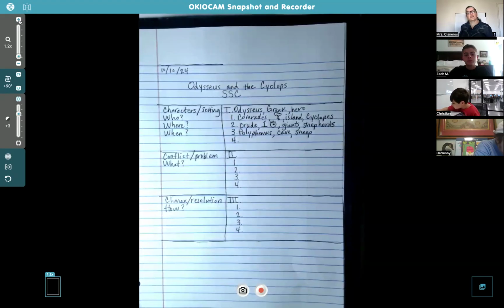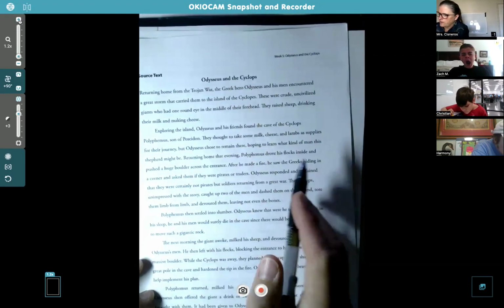And when he gets into his cave at the beginning, this is the second paragraph. What does he do when he gets back in the cave? He does a couple things. I'm looking at this second paragraph here.